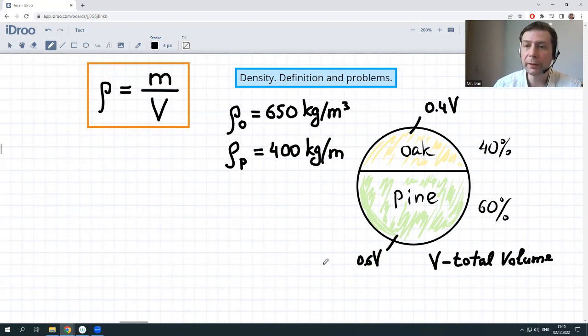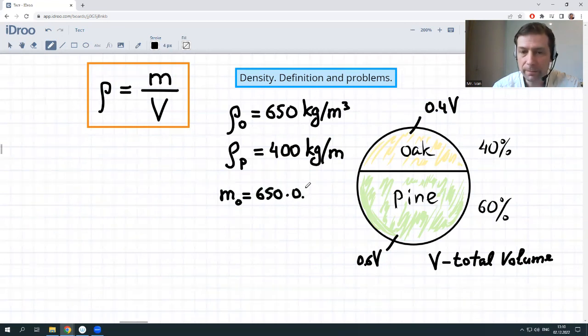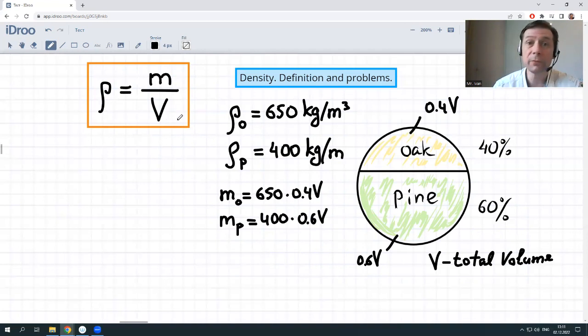Now, we could calculate the mass of the oak part and the mass of the pine part. The mass of the oak part is the rho of oak, 650, times 0.4 V. And the mass of the pine part would be 400, the density of pine, times 0.6 V. Now we can say that the total mass is our numerator and just V is our denominator in the formula.